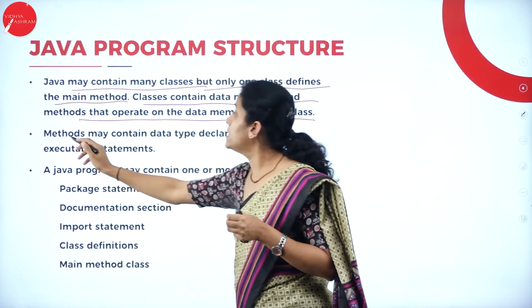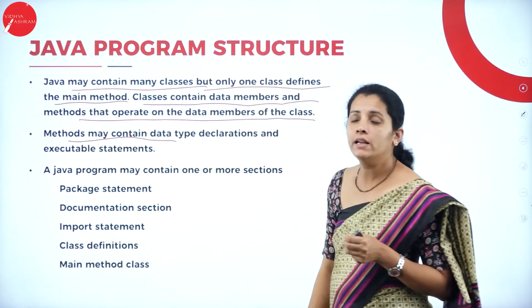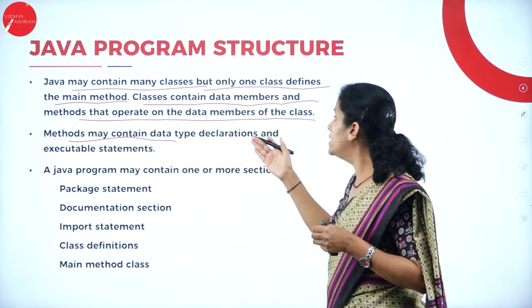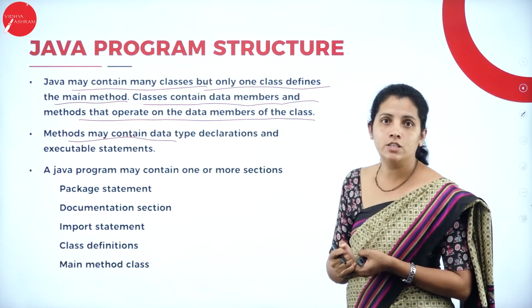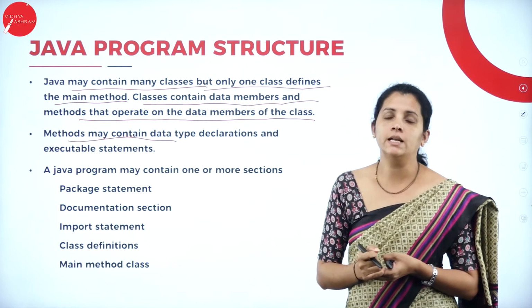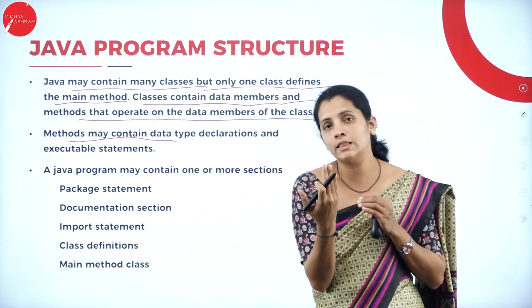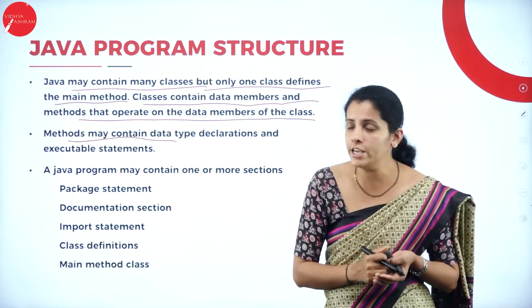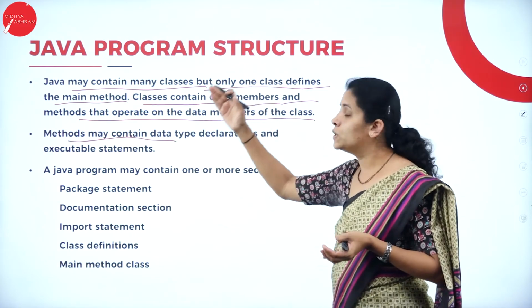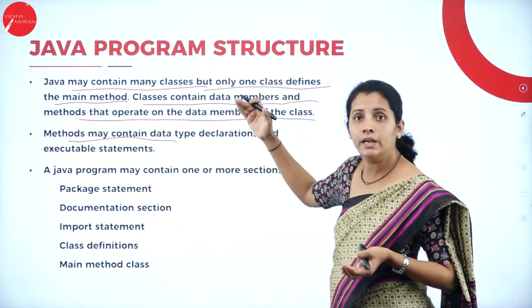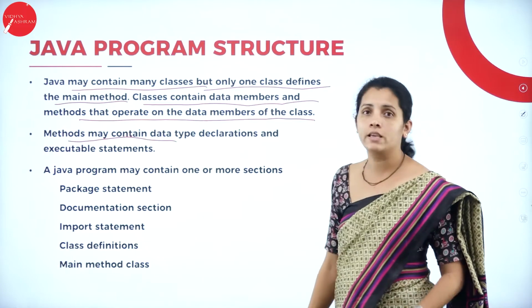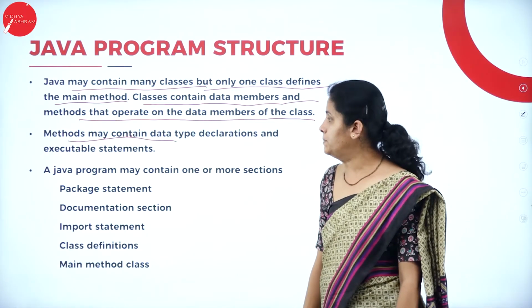So the methods may contain data type declarations and executable statements. Here methods are nothing but the functions in C, which may include data type declarations as well as executable statements.